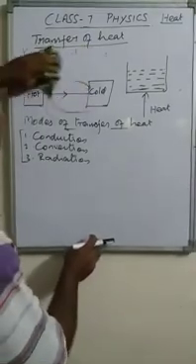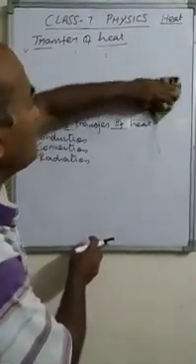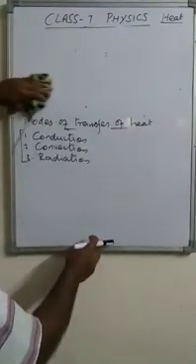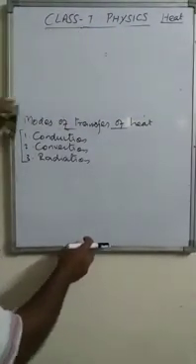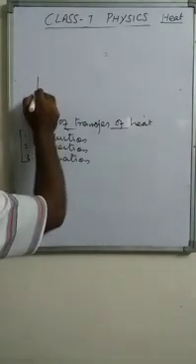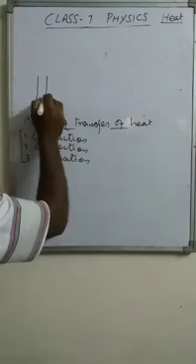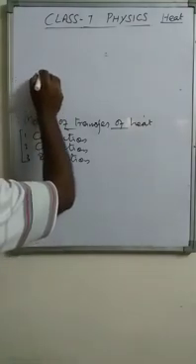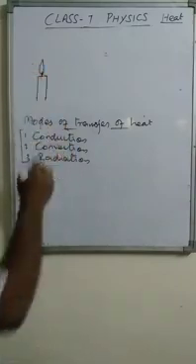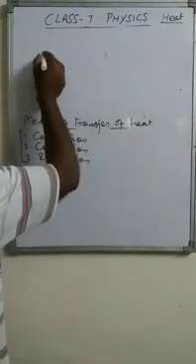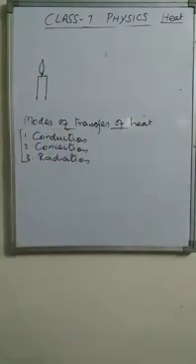Conduction can be shown by a simple example. Suppose here we take a candle or a flame burner, anything. Suppose it is the candle. The candle is lighted, so definitely heat is produced from the flame.